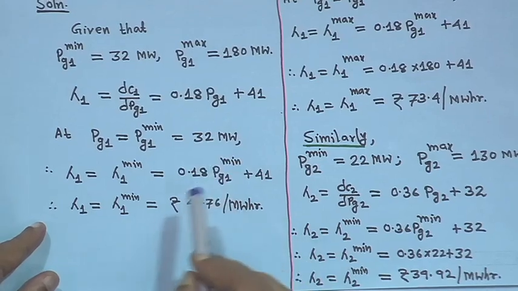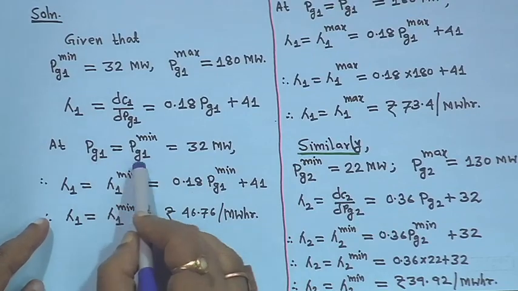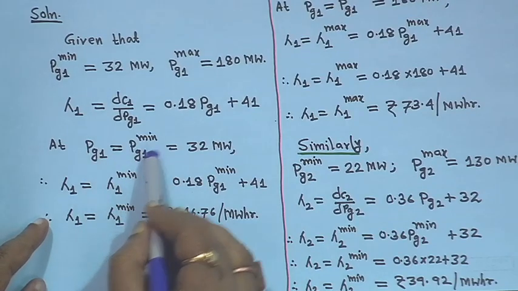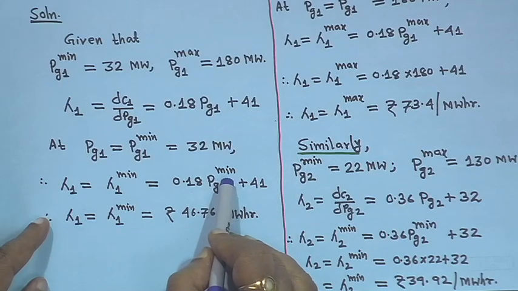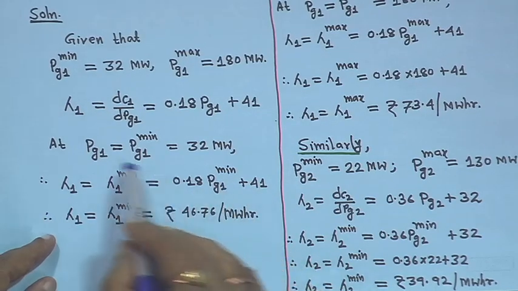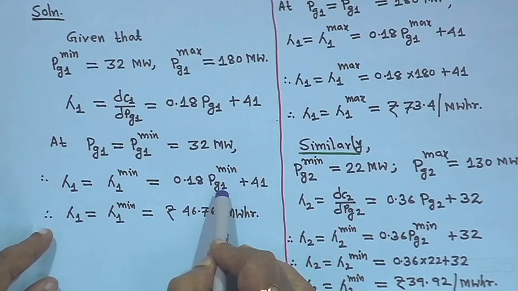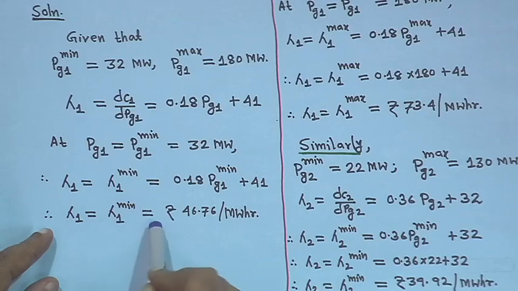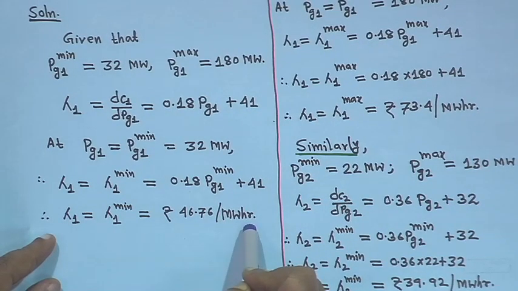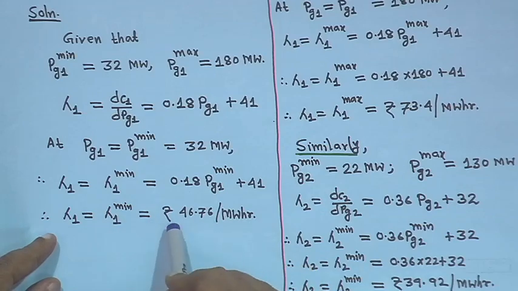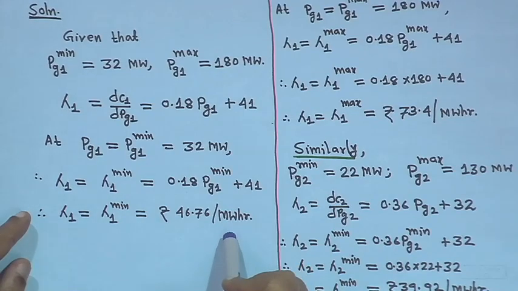That means lambda 1 is equal to lambda 1 min, where you substitute Pg1 equal to Pg1 min. Therefore it is 0.18 Pg1 min plus 41, and Pg1 min is 32 megawatt. Substituting 32, you will get lambda 1 min equal to rupees 46.76 per megawatt hour. This is lambda 1 min for unit 1.